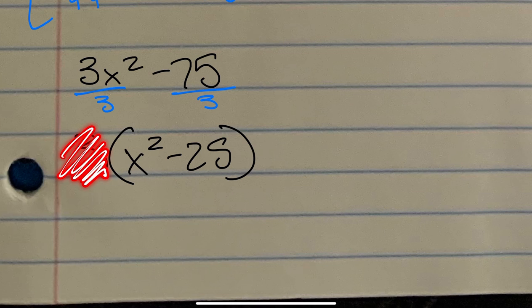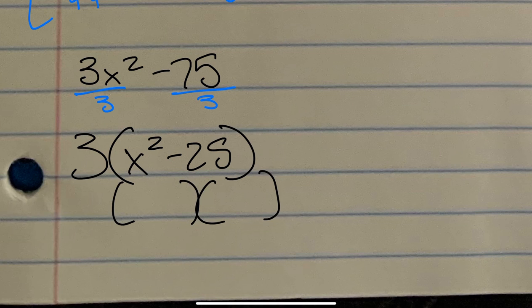Okay, so that is a difference of squares, because we have x squared minus 25. That is a type 1 problem. So what we can do is just answer what's inside the parentheses first, because I got, let's see, 25. That's going to be 5 times 5. So I'm going to have x plus 5, x minus 5.